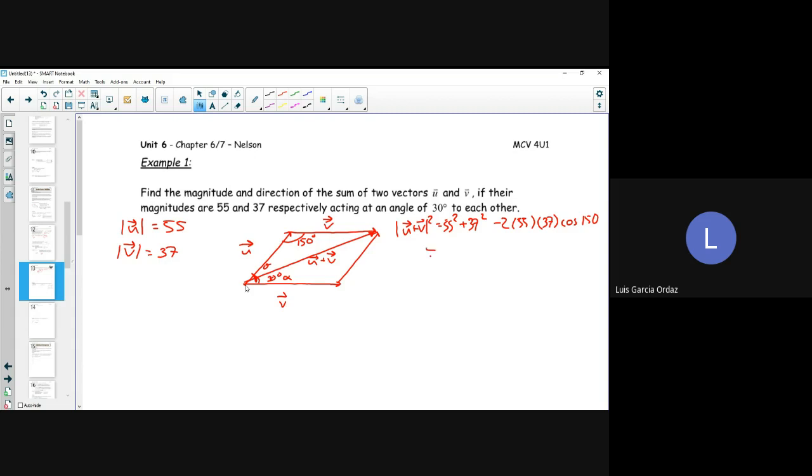So this gives me approximately 7,918.72. But when I square root it, the magnitude of u plus v is equal to about 88.99 units.